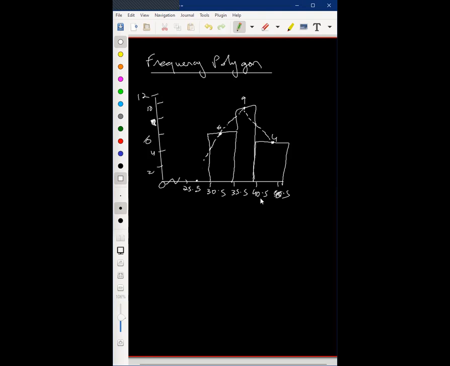So we connect this to this point, and again we extend this to 45.5 where there's no data available. From here we connect it to this. So this line that you see is the frequency polygon. The midpoints of the histogram connected form the frequency polygon. Is this clear, everyone?